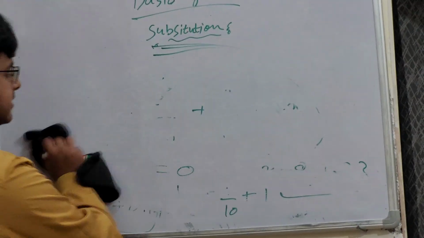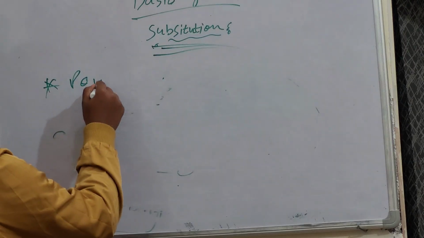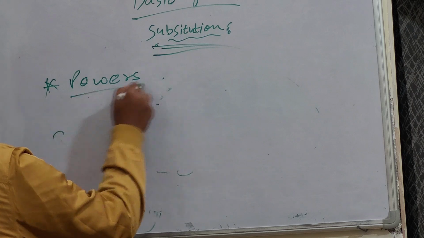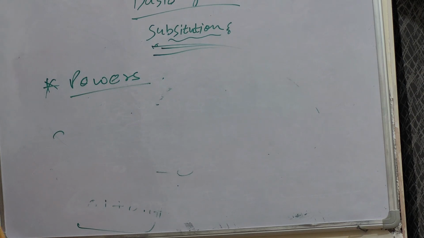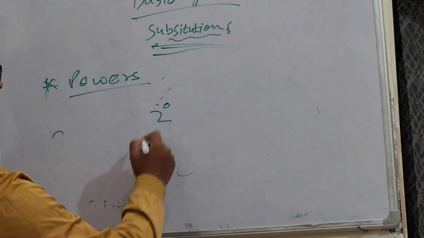These are some of the basic substitution things. Now you all should know the powers. Powers means you have to multiply. For example, 2 to the power 0.